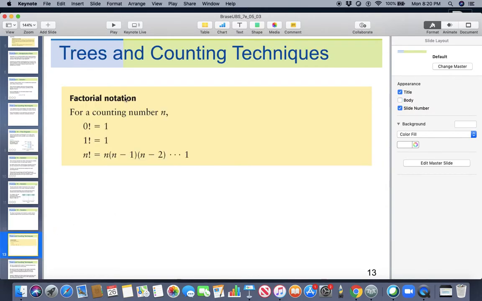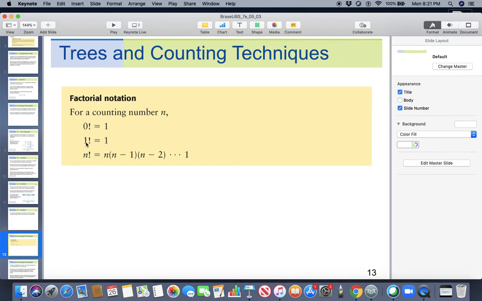Let's come to factorial notation. This is an important notation. That symbol, exclamation mark, in mathematics is called factorial. 0 factorial is defined to be 1. 1 factorial is defined to be 1.